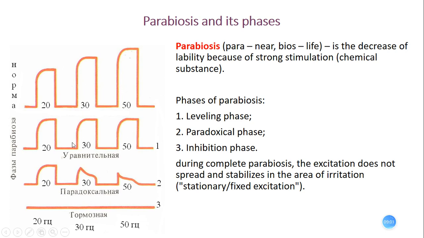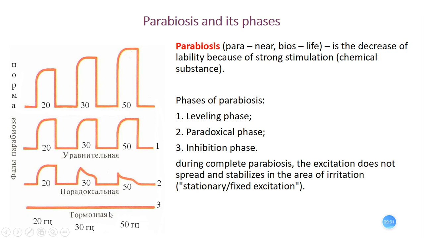But during the leveling phase, when we use some strong stimulation or chemical substance, it will give the same response to all of the stimulation. Then in the paradoxical phase it's kind of opposite, vice versa: if we increase the stimulus, it will give less response. Then after the second phase, it will enter the third phase, the inhibition phase.